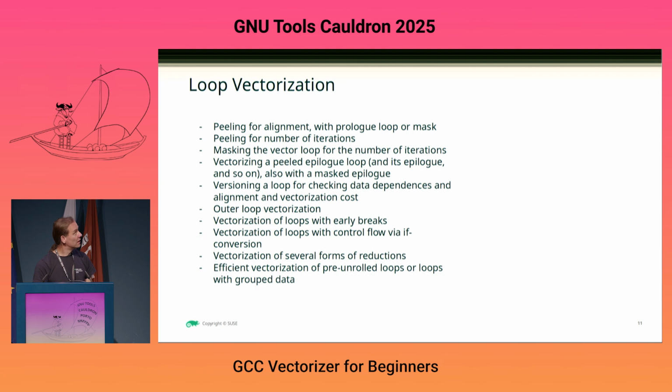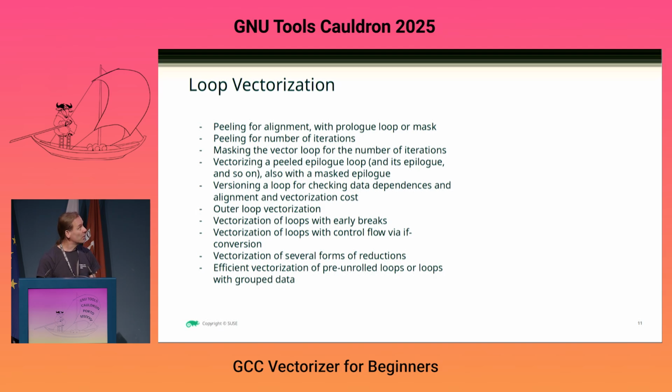We can avoid all of the prologue and epilogue by using masking on the vector loop itself, which is especially important for variable length vector operation.